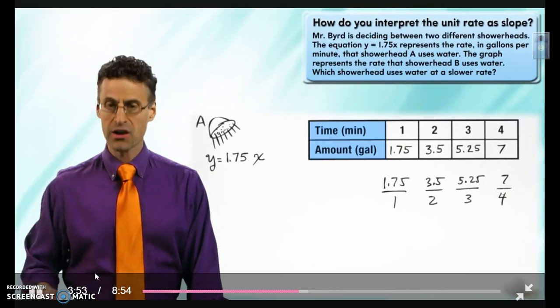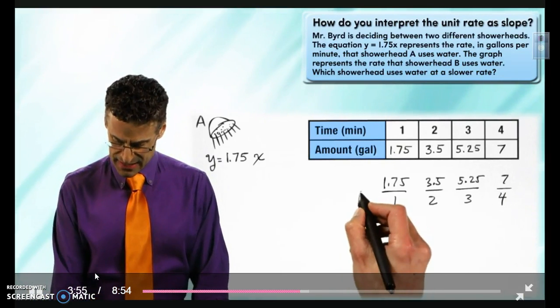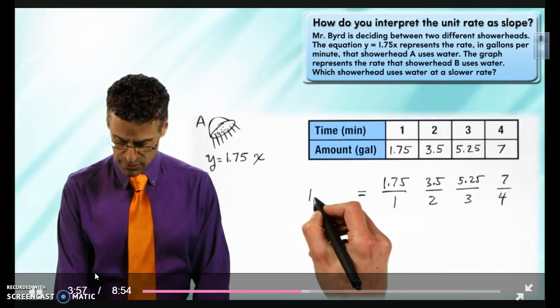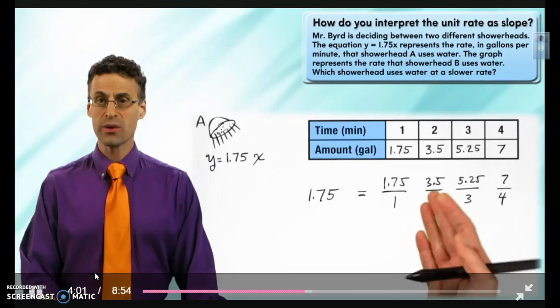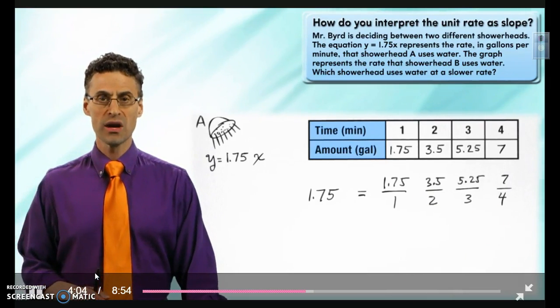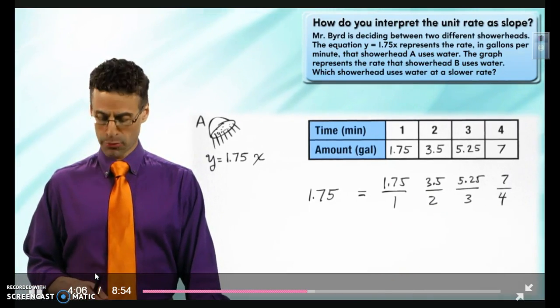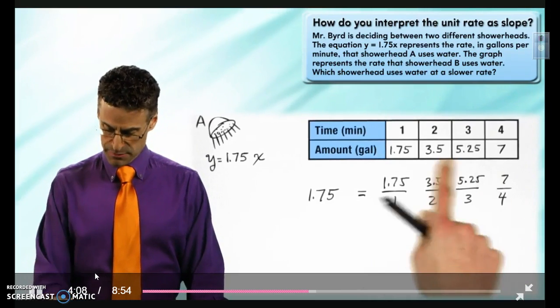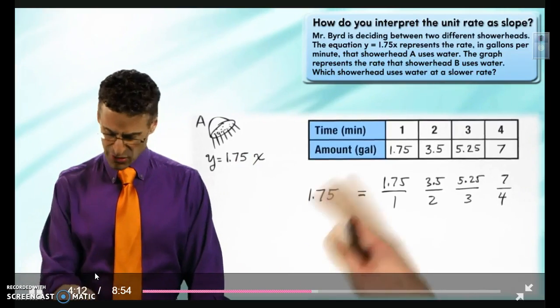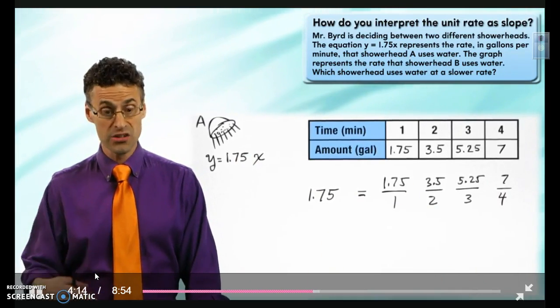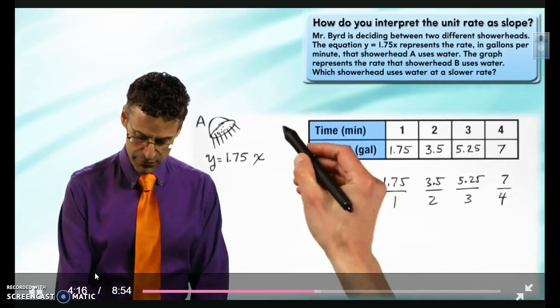And if you simplify all those, what you're going to get, if you write it as a decimal, is 1.75. So we actually see that we have a constant ratio. We have indeed proportionality where the constant of proportionality is 1.75, but we knew that just by looking at the equation. So all of this wasn't really necessary, but I wanted to remind you of how we could figure it all out if we had to.